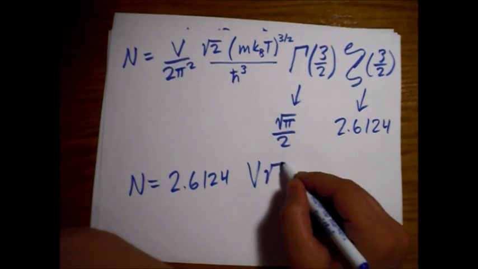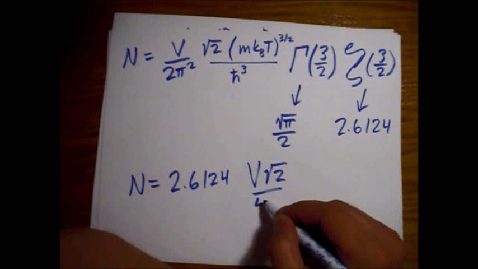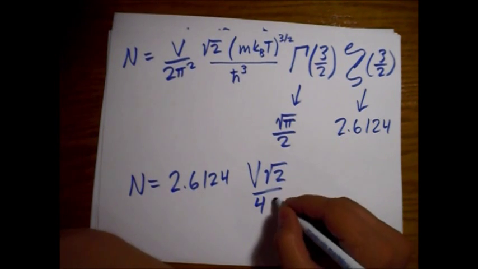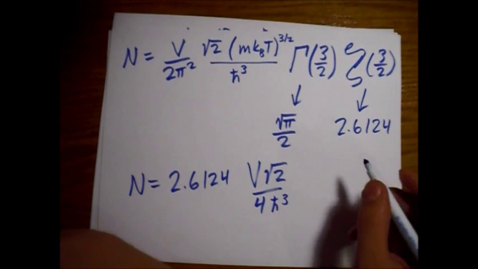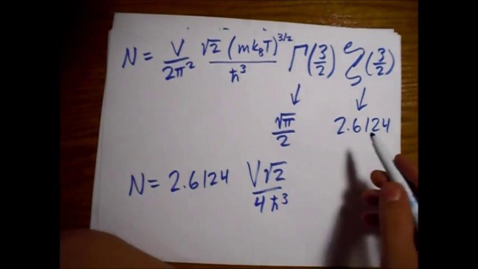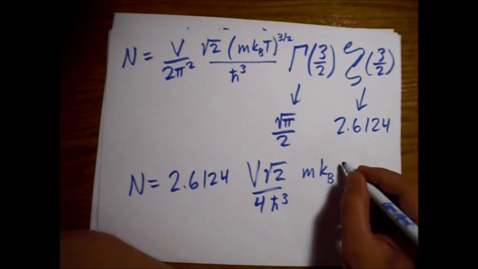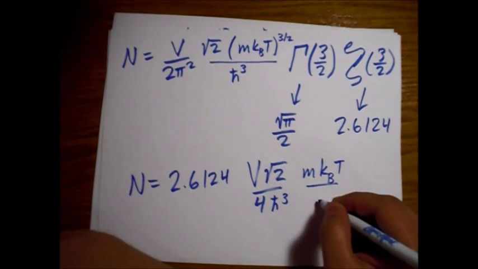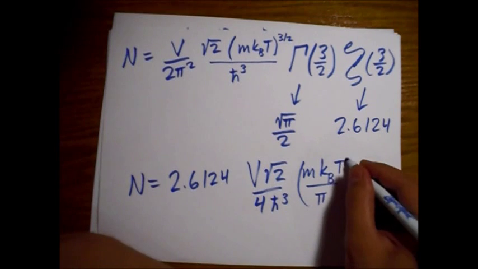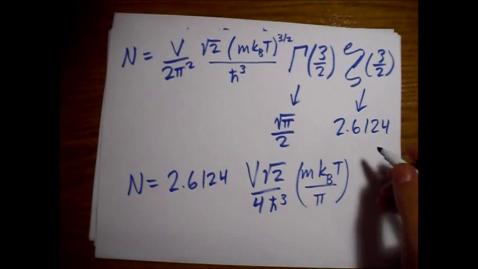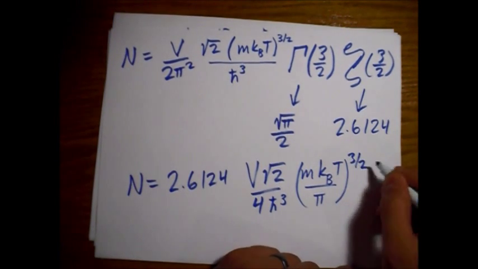I'm going to have a square root of 2 over 4 now. Bring this h bar cubed. Okay, so then since this pi is to the 3/2 power, I'm just going to bring that in with the mkbt. Make this whole thing here to the 3/2 power.